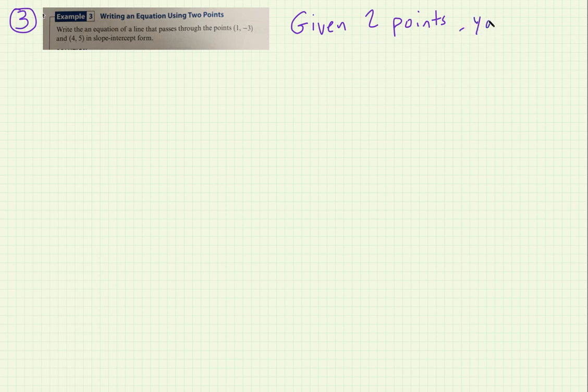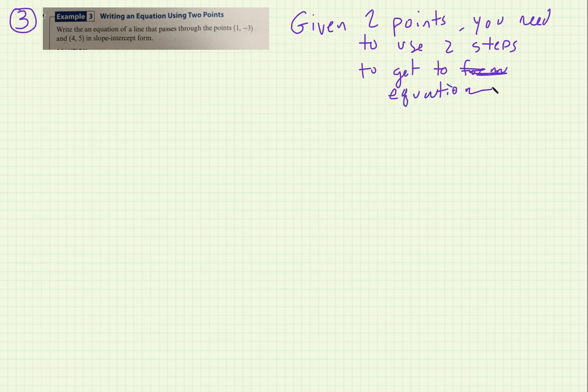Given 2 points, you need to use 2 steps to get to the equation of a line.